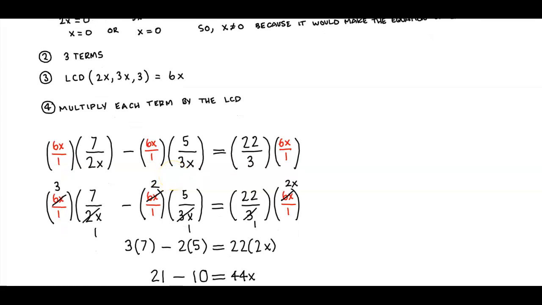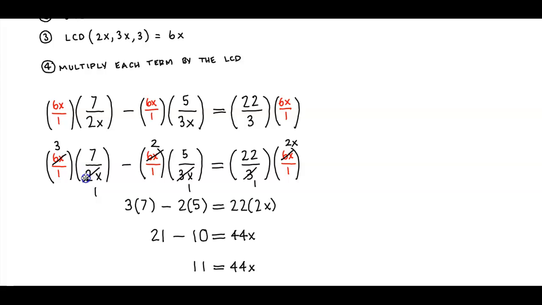Now that's going to allow us to simplify the denominators. So we can see here that 2x divides into 6x 3 times, and that becomes a 1. So we end up with 3 times 7 in the next step.